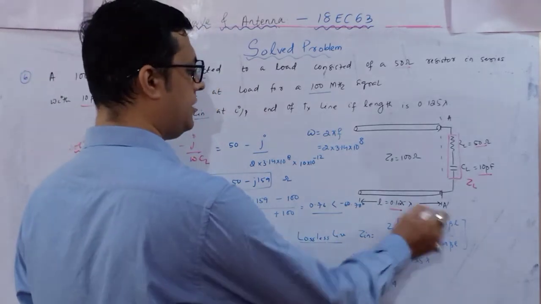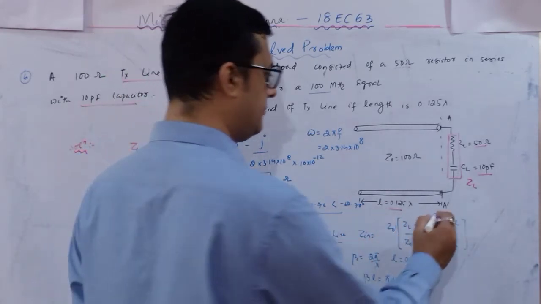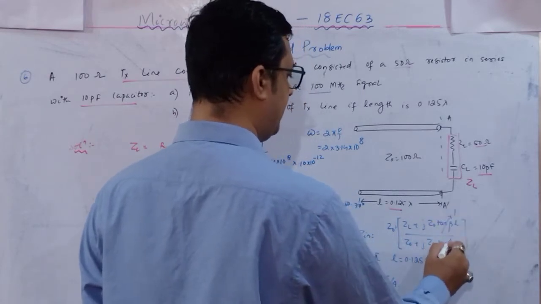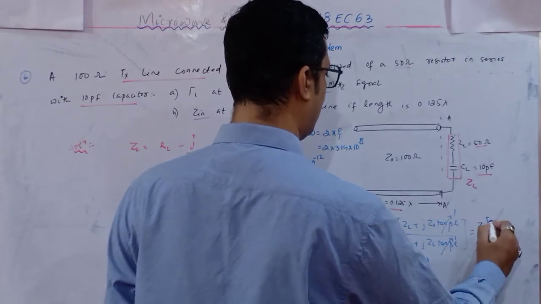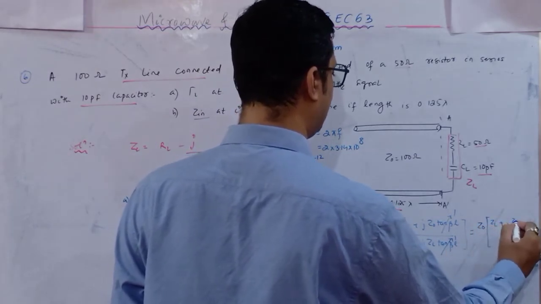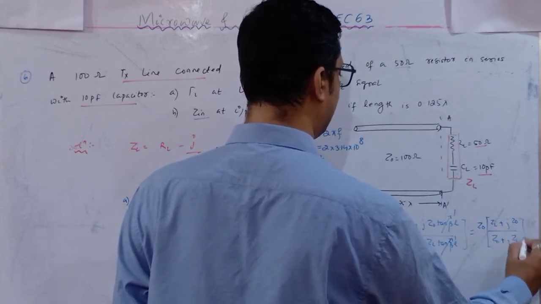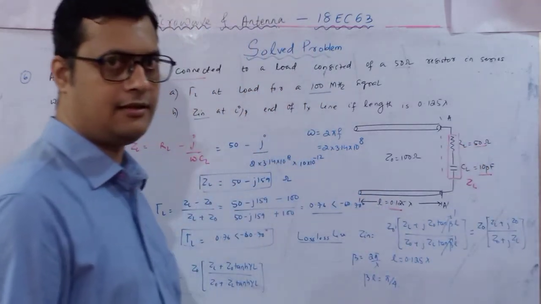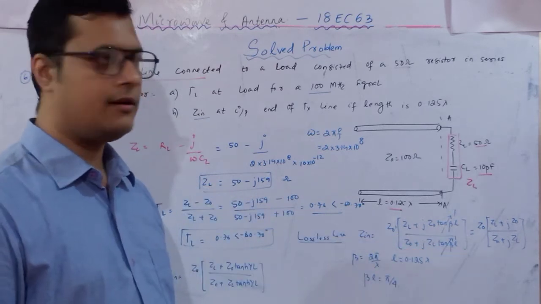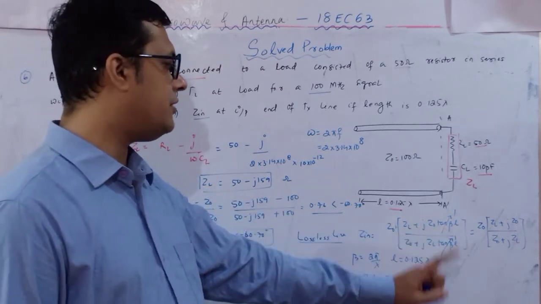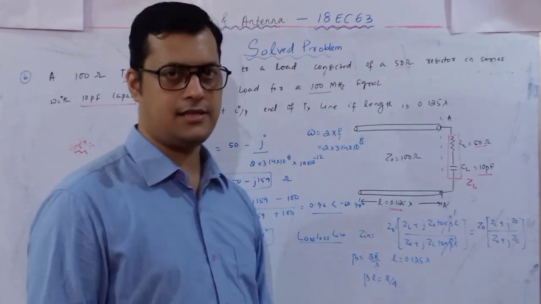So when you substitute here, tan of pi by 4 is 1, so tan beta L is 1. The resultant is Z0 times ZL plus jZ0 divided by Z0 plus jZL.